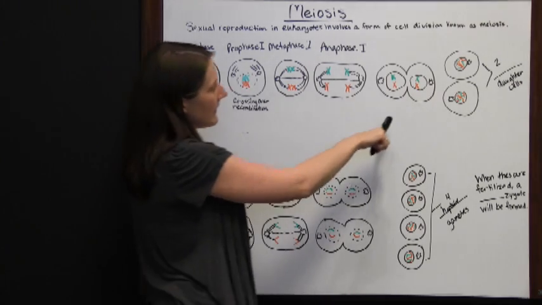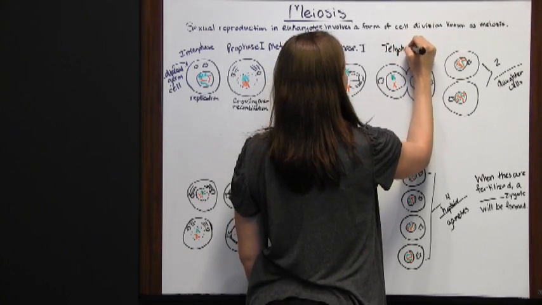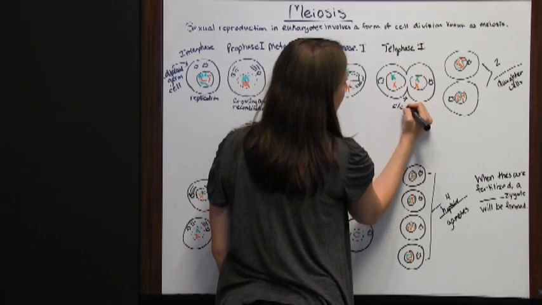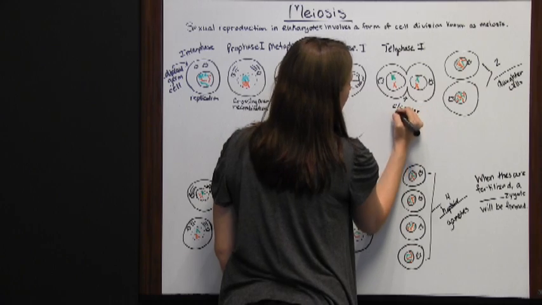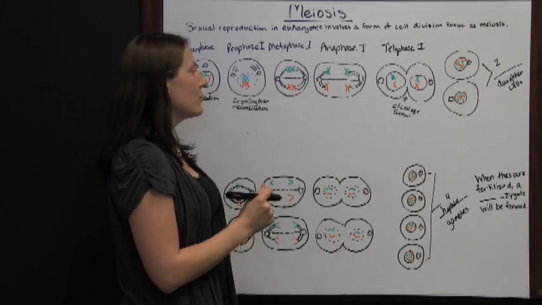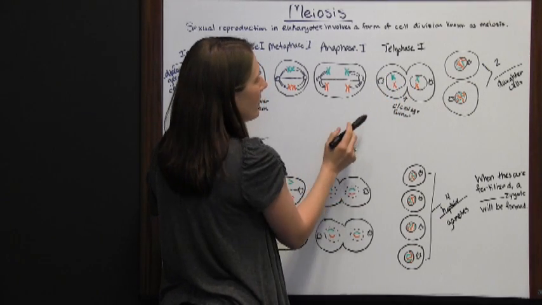Then we keep going, and we've got telophase 1. In telophase 1, there's the cleavage furrow that's preparing for the cells to separate and become two distinct separate cells. There is a nucleus being reformed.